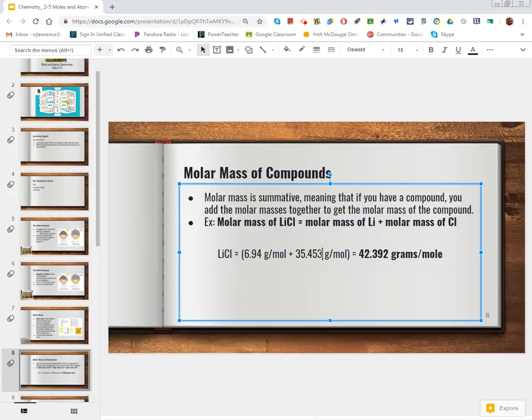We're going to cut this down just to 35.45, and to keep it nice and easy, when we add those numbers, we're going to use what we get there, which would just simply be 42.39. So again, a small change, but it's going to keep us on the same page if we just go to 2 decimal places all the time when we're dealing with molar mass. So again, 2 decimal places, and then when you come to put that number in your calculations down below, just go to 2 decimal places, which you'll see here in a second.